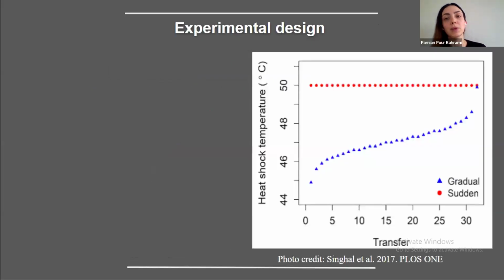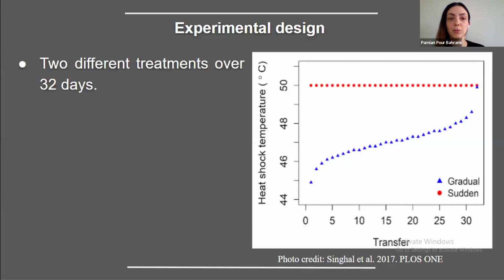Diving into the experimental design, we have two different treatments over 32 days, as you can see in the picture. On the x-axis, we have the transfers, which make up the duration of the experiment, 32 days. On the y-axis, we have the temperature, ranging from approximately 45 to 50.